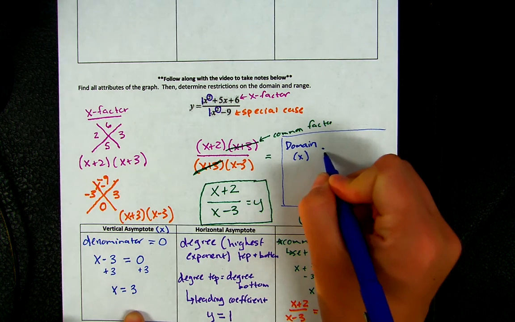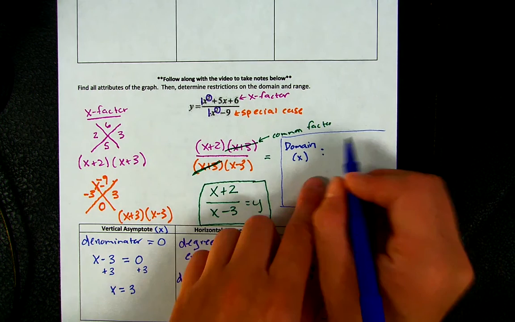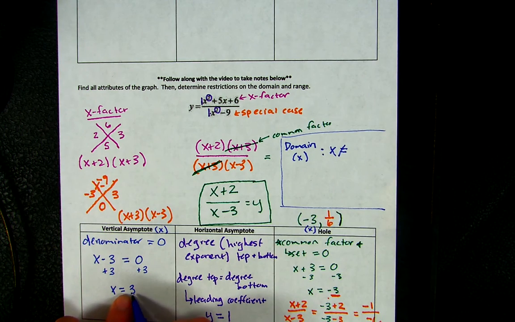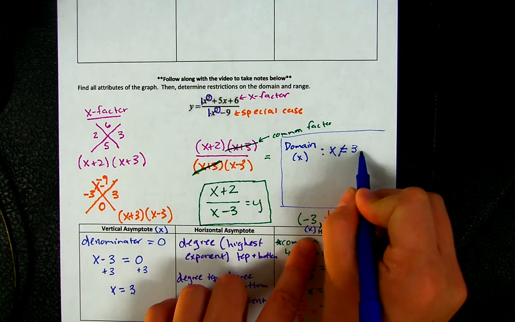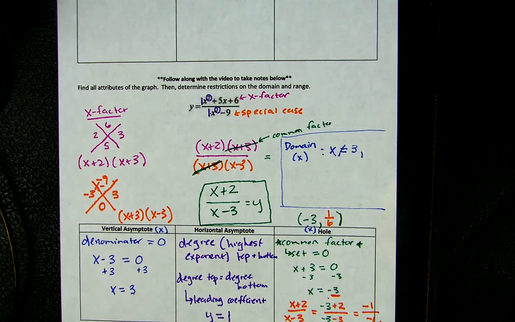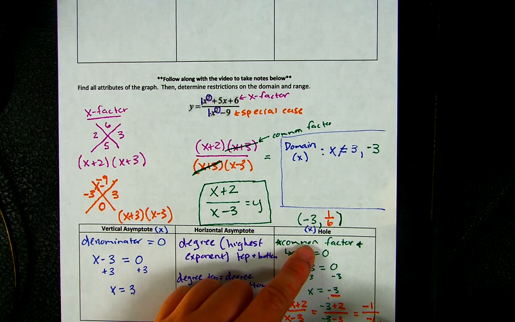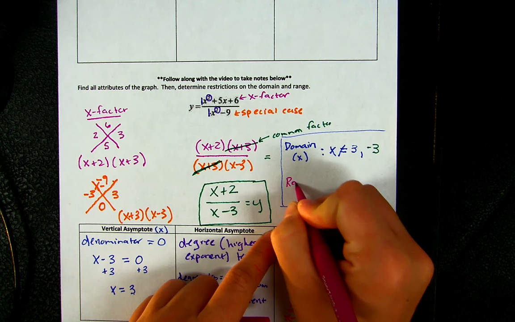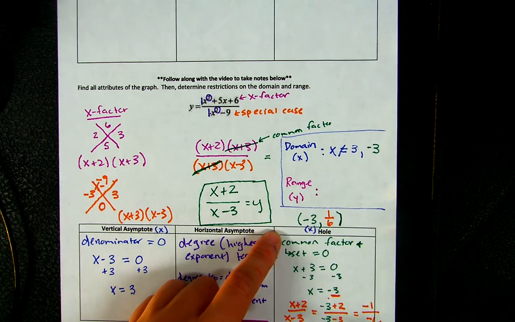So my domain is going to be all x values, except x cannot be equal to 3, my vertical asymptote, and x cannot be equal to -3, the x value of the hole in my graph. Now we're going to do the same thing with range, except range is our y values.